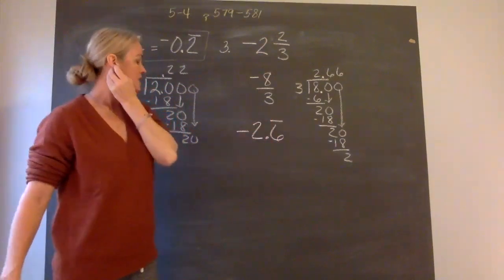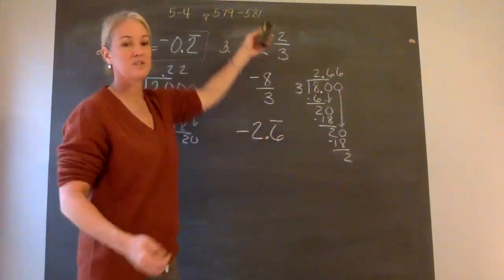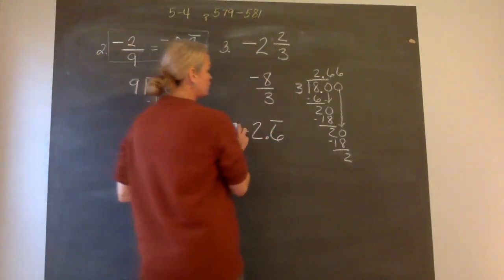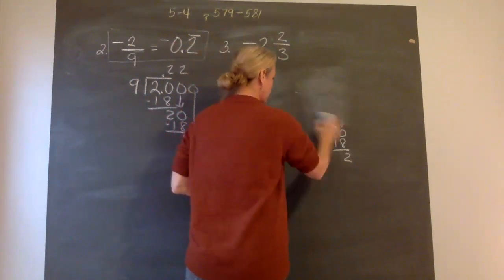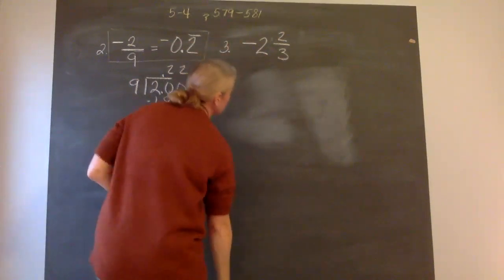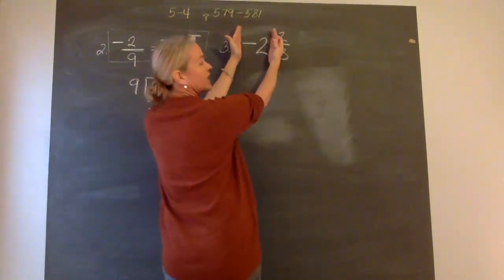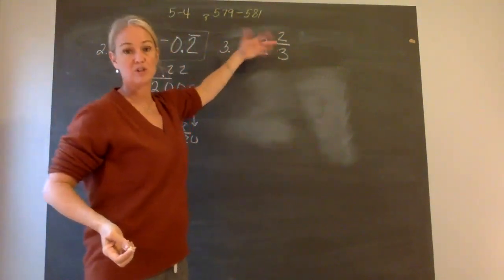Now, the other way you can think about this, if you don't want to change it into an improper fraction, is to keep it separate. I have a negative 2 as my whole number. That's not going to change in this case because the fraction is proper.